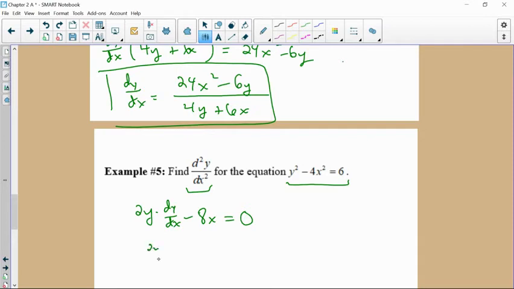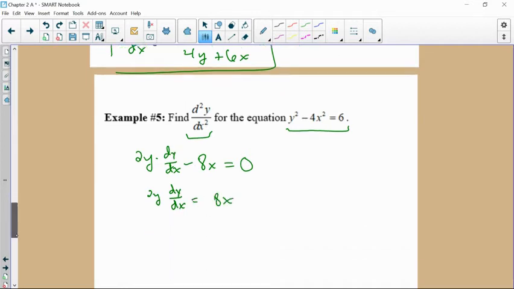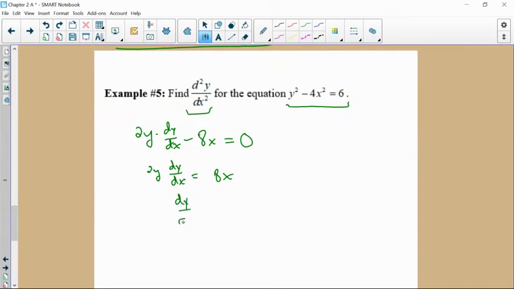So I have 2y times dy dx equals 8x. And let's divide by 2y across. So dy dx is equal to 8x divided by 2y, which, divided by 2, is 4x over y. So here's what dy dx is. That's the first derivative.